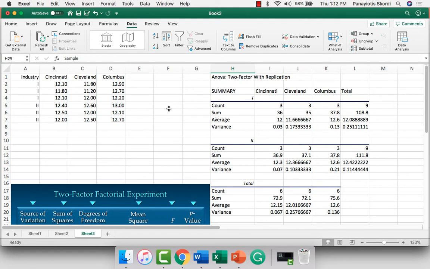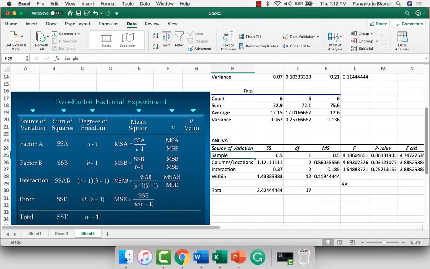Okay, so when we're talking about sample, we're actually talking about the factor industry. So I'm going to put /industry. And interaction is the interaction, and within it's just going to be the error terms.